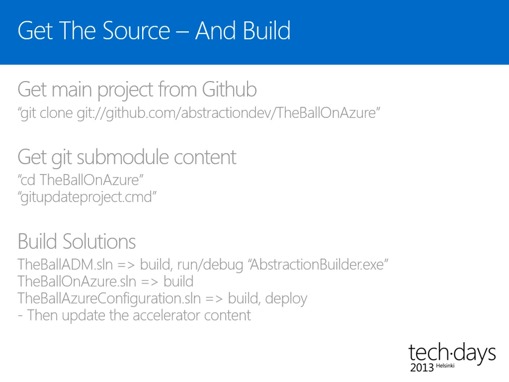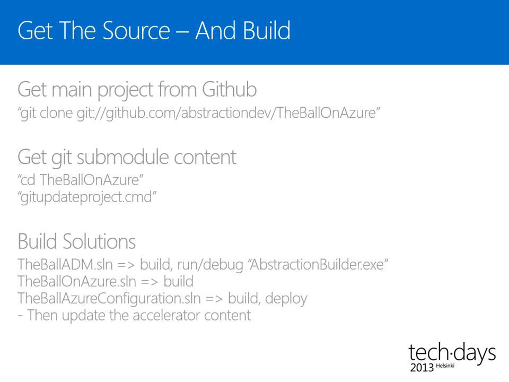That builds up the automation modules, then run and debug the abstraction builder that runs the actual automation, which will output a series of source codes to the main solution. Then build the main solution, the ball on Azure, and the last bit of the deployment is to open the ball Azure configuration solution, which builds and deploys the actual worker and web roles.